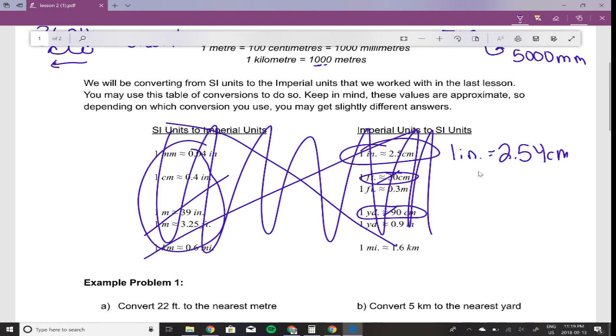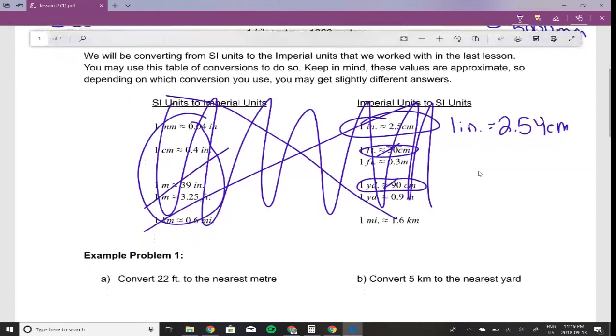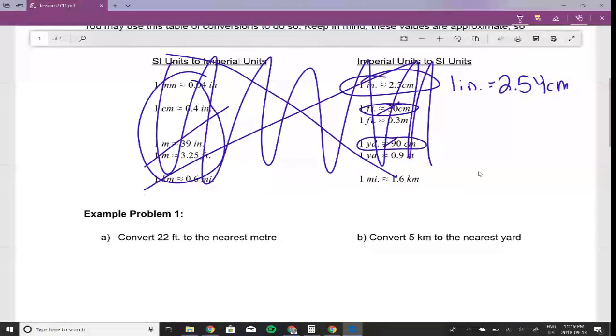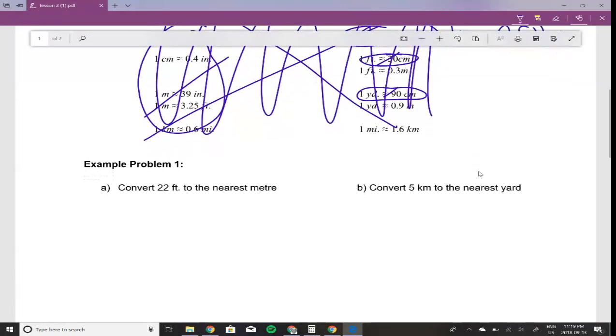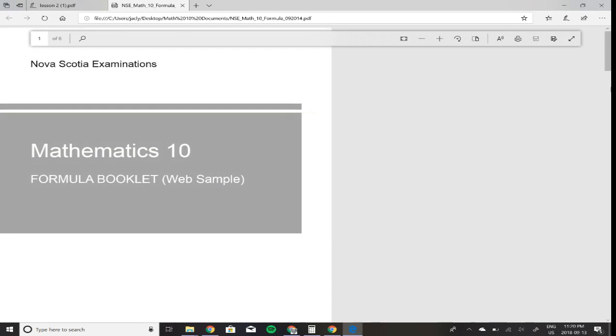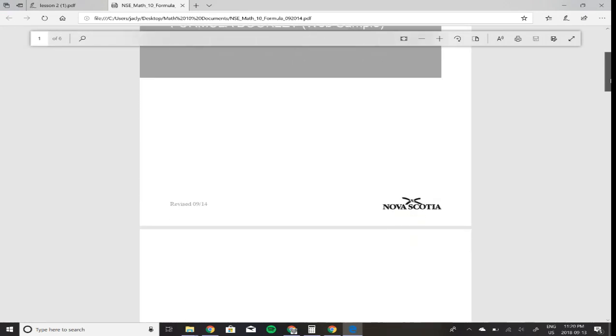So let's see where we're at then. We're going to do some conversions. We're going to use that conversion factor that we used back in lesson 1 to do the same kind of work. So we're going to convert 22 feet to the nearest meter. What we do know is that, here it is, this is your formula booklet.